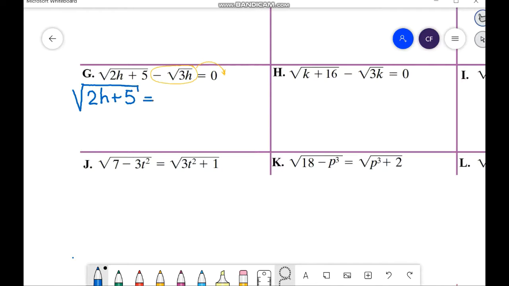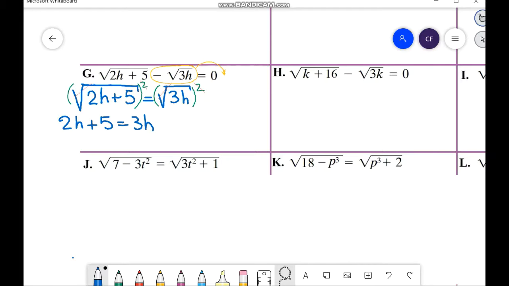When you move this to the other side, then you're going to have the square root of 3h. Now apply the power of the same index to both sides, because you can simplify the square with the square root, and then you're going to have 2h plus 5 equals 3h.